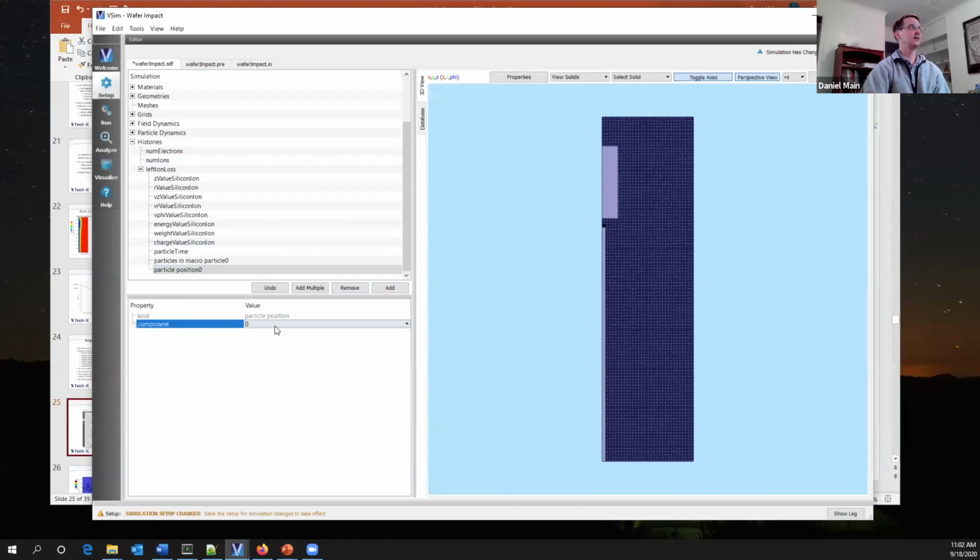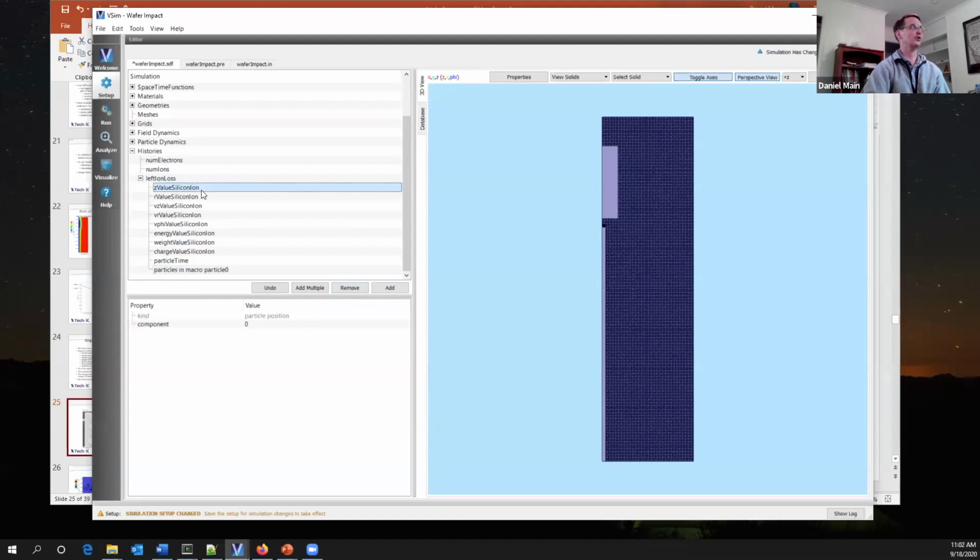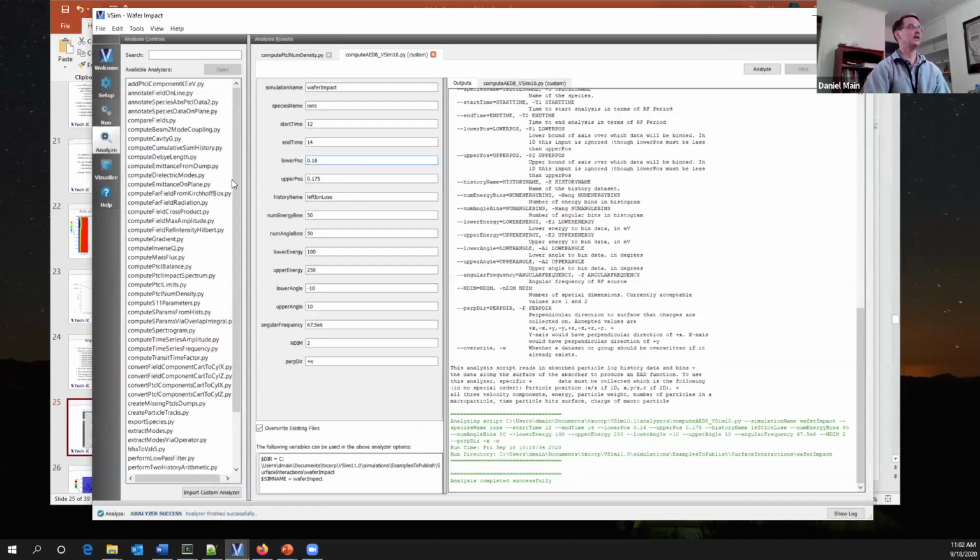Then I can add position 0, position 1, and this is just a 2D simulation, so you'd want to just do position 0 and position 1. That's what these are. That's how you would use this history. There's lots of particle information you can store with this log. And that history was called left ion loss.